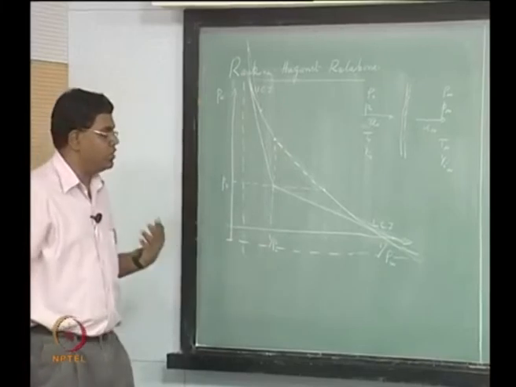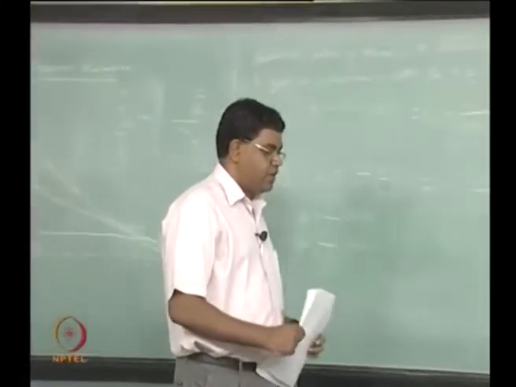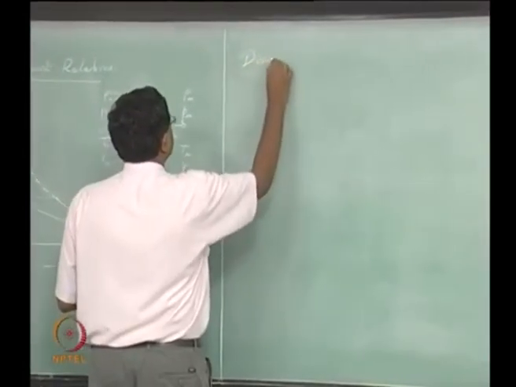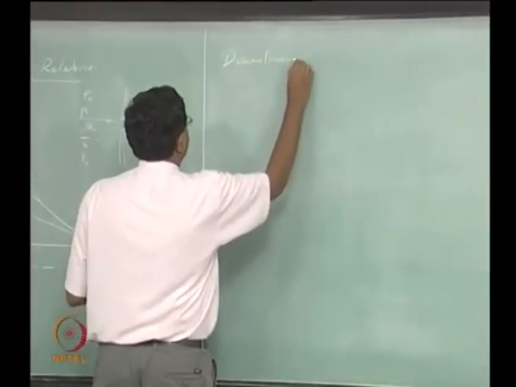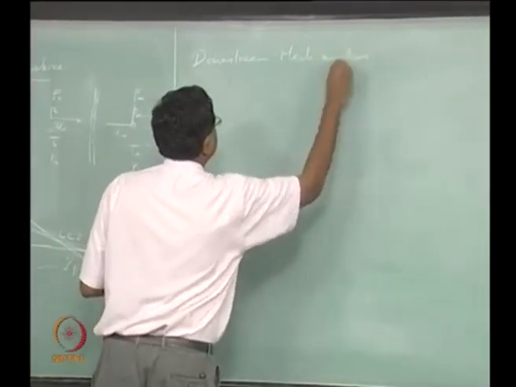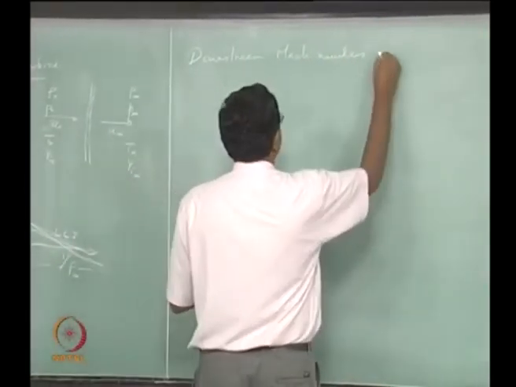So this is what we need to anticipate, and let's see if that's going to work out. So, the downstream Mach numbers at the Cj points.